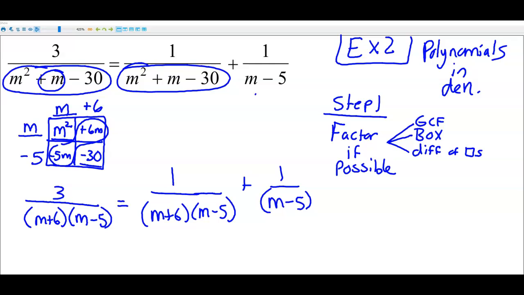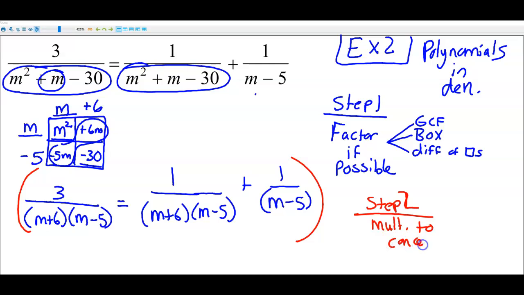All right. Now what we're going to do is we're going to multiply this by the denominators. So step 2 is what was step 1 last time. Multiply to cancel the denominators. Clean this up a little bit, running out of space.